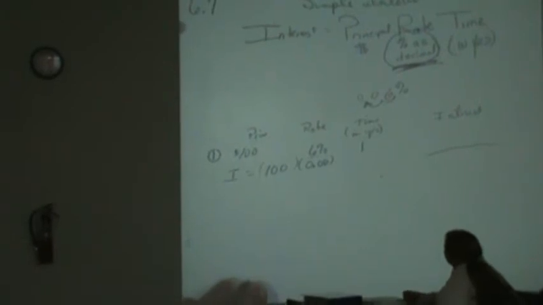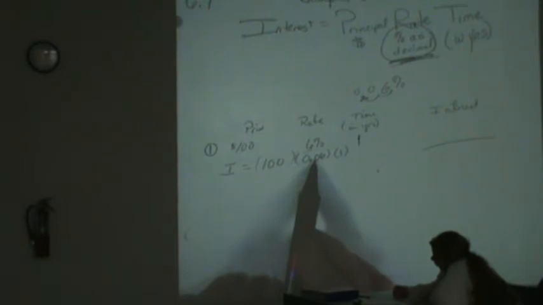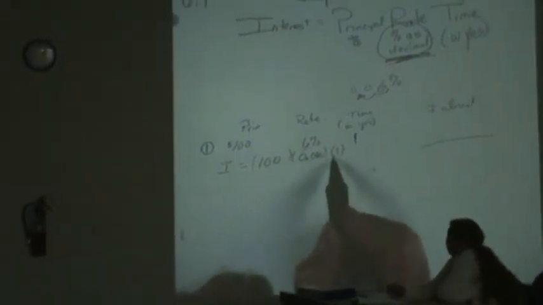So far we have that part. The time in years is just 1. So just multiply it by 1. If it's 2 years, you just multiply it by 2, okay? That's how simple. So you just do that times that times that. 100 times 0.06 moves it 2 times, which is 6. 6 times 1, our interest is just 6. Just multiply these 3 numbers and they'll give it to you.